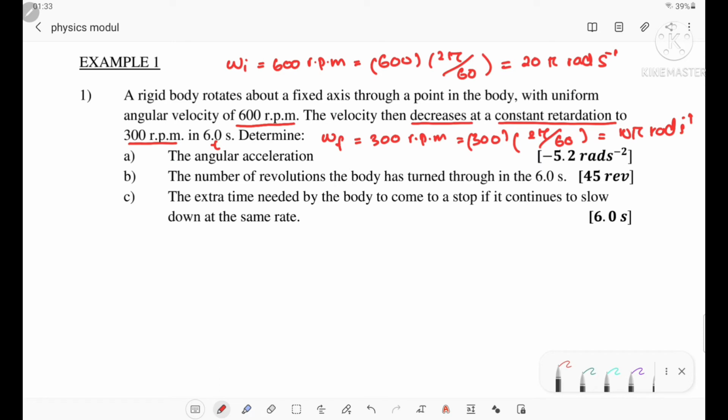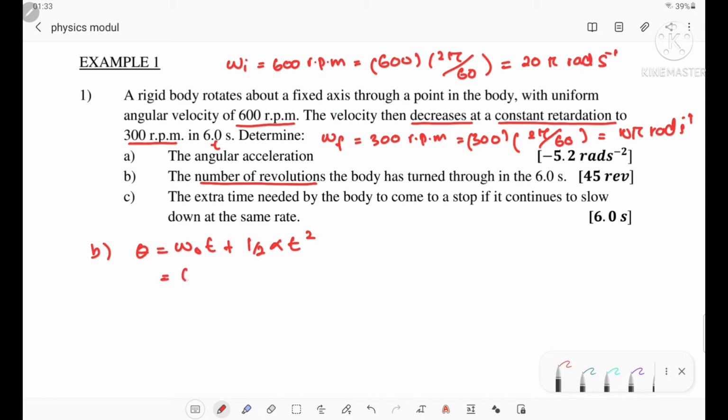For the second question, determine the number of revolutions the body has turned through in 6 seconds. For this question, you're going to use the second equation that we have: theta is equal to omega naught t plus half alpha t squared. Now you need to find the number of revolutions, which is theta. So we just substitute the values.